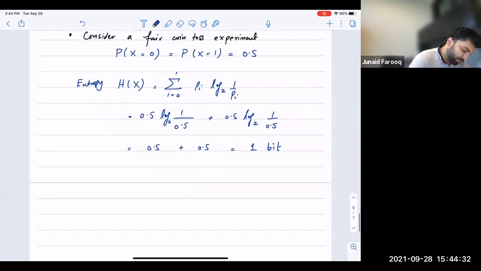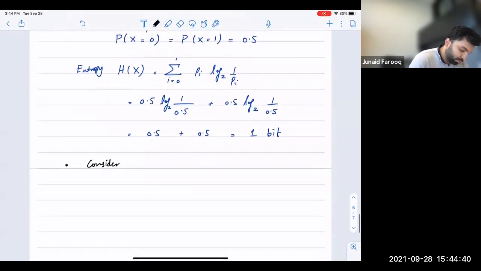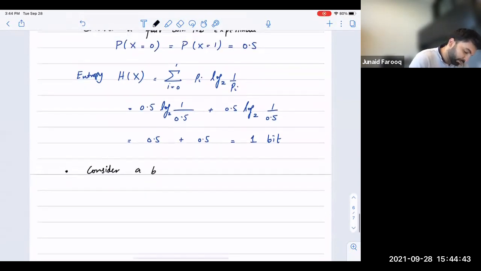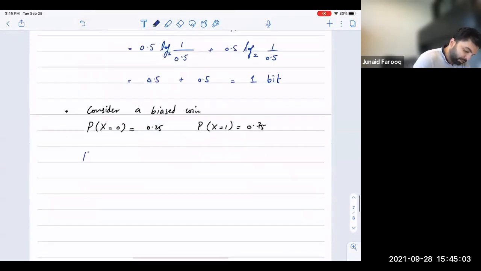Now imagine a coin which is biased. So we'll just repeat the same computation with a bias. So a new coin with probability X equals 0 is 0.25, and then probability X equals 1 is 0.75. Now for this coin, the entropy again will be the sum of pi log 1 over pi, right?